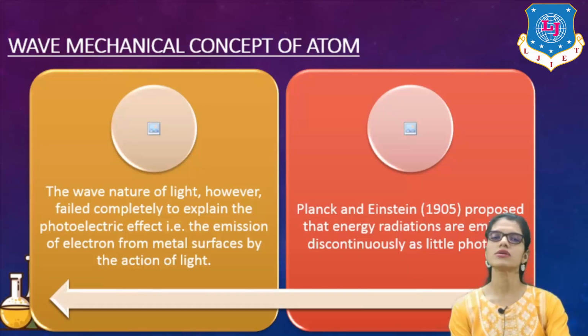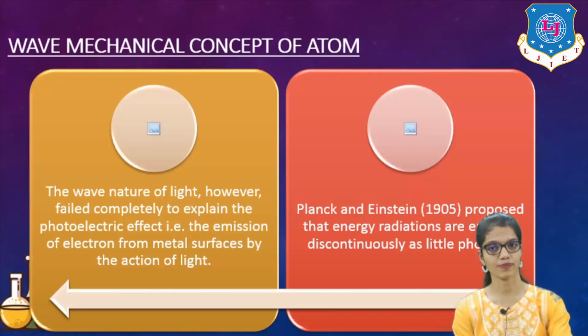It has been observed that when light falls on a metal surface, that metal surface emits electrons. So if an atom has a wave nature, then how can we explain such a particle nature?